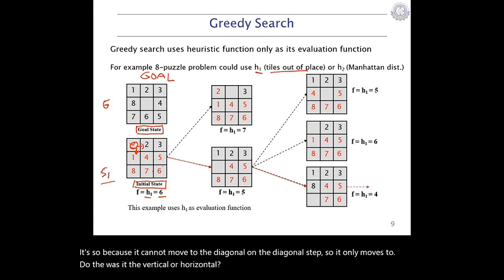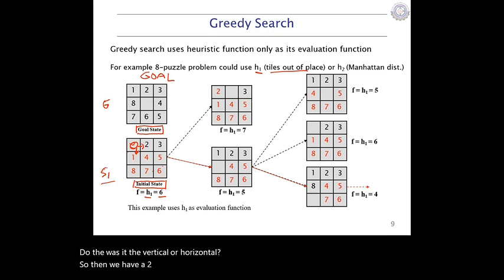So then we have two possible branches here. If we move down, the empty tile becomes like this. This is move down, we say.